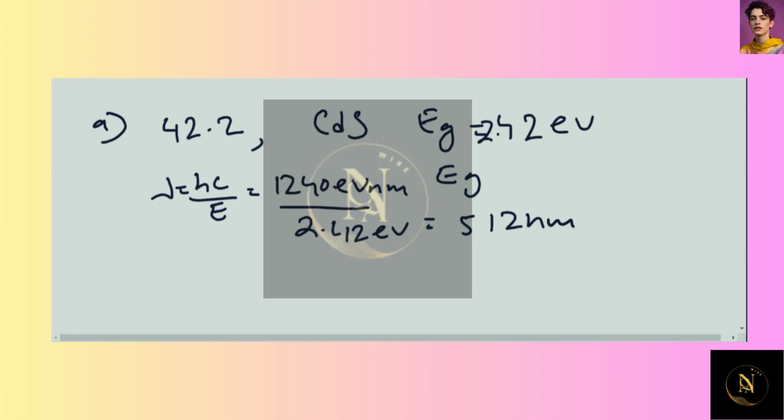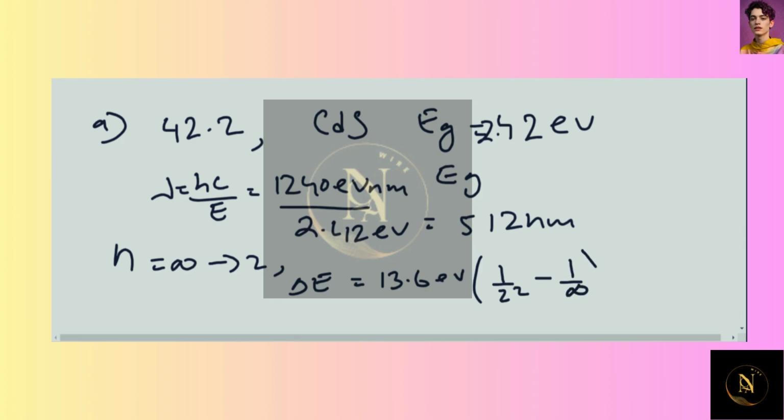Balmer series lines lie between the shortest, produced by the transition of n equal to infinity to 2, which has the energy delta E equal to 13.6 electron volt times 1 over 2 squared minus 1 over infinity, which gives us 3.4 electron volt.